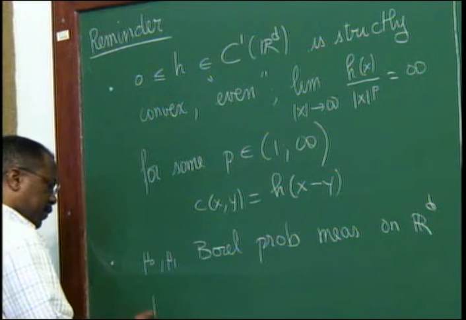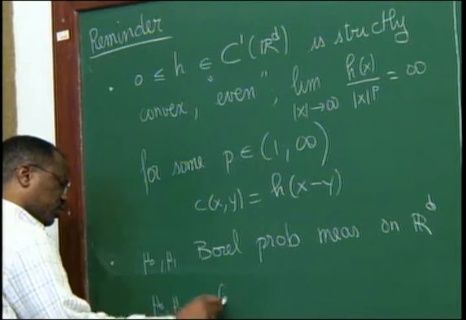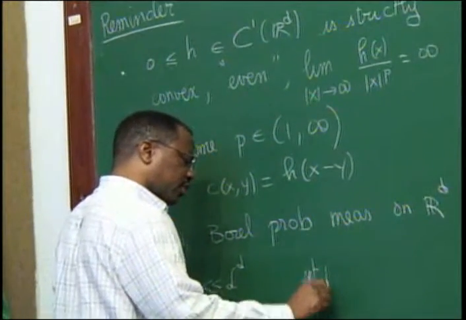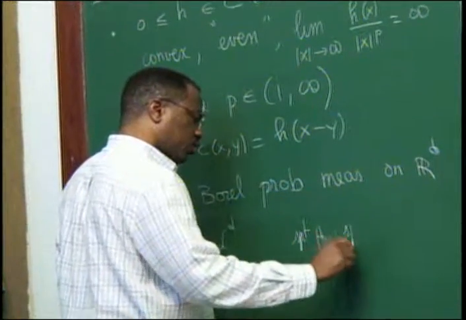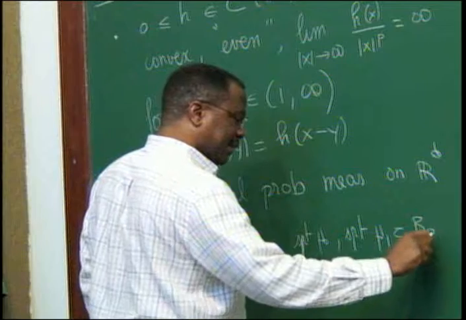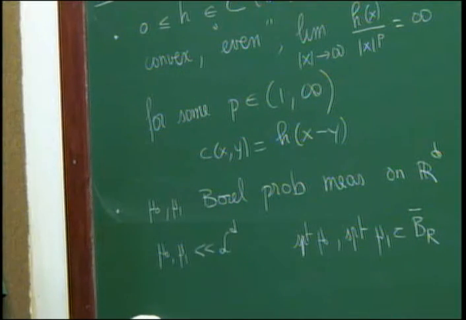And mu naught, mu1 absolutely continuous with respect to Lebesgue measure. The support of mu naught and the support of mu1 are in the ball centered at the origin of radius r.